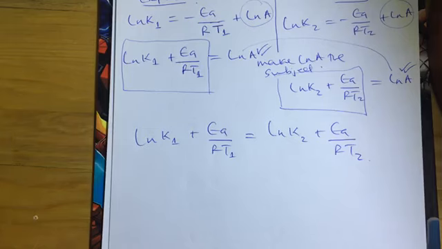What do you think are the units for the temperature? I want you guys to be engaged in this lesson so that you don't forget. Okay, so T is going to have units of Kelvin.